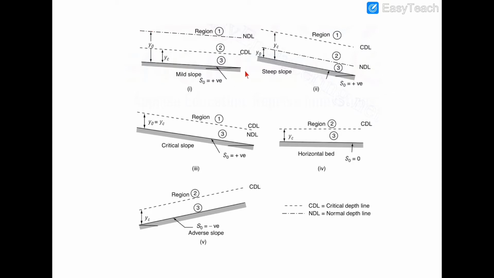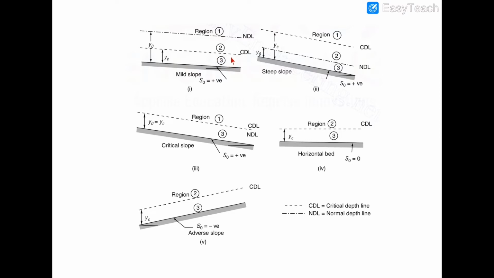These lines divide the whole flow space into 3 regions: region 1, region 2, region 3. Region 1 is the space above the topmost line. Region 2 is the space between the top line and the next lower line.